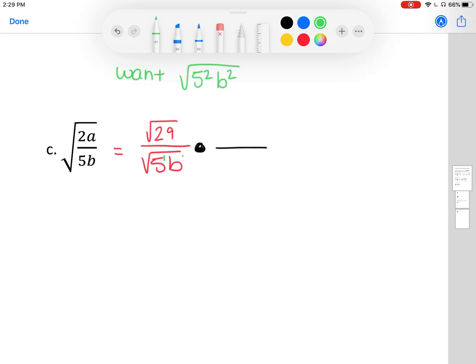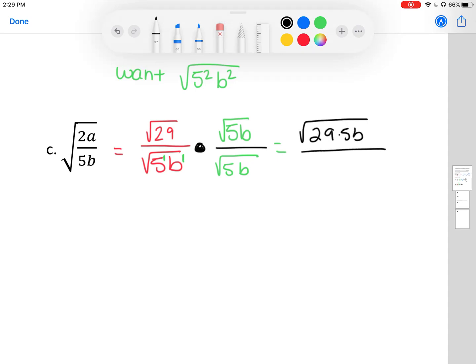I have 1 five, I have 1 b, so I just need 1 more 5 and 1 more b. So I'll multiply the square root of 5b to the top and bottom, so that I have the square root of 29 times 5 times b. On the bottom, I have the square root of 5 squared b squared.